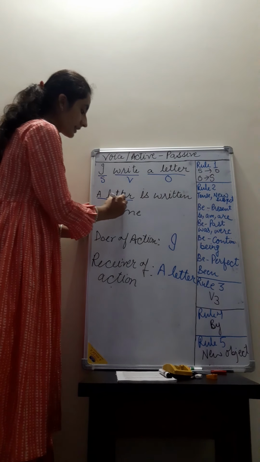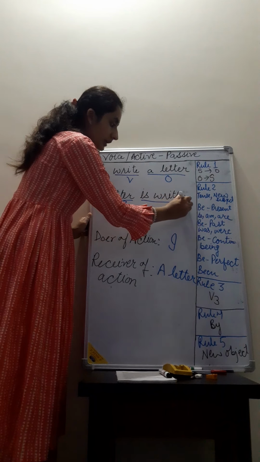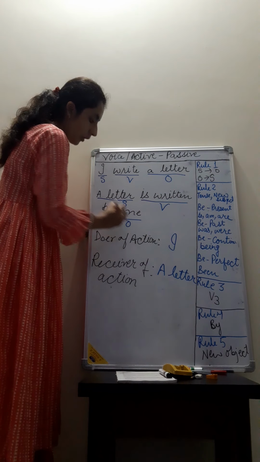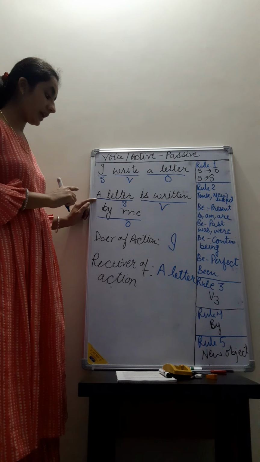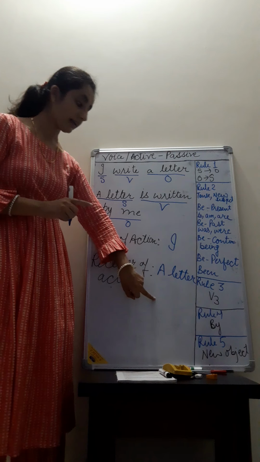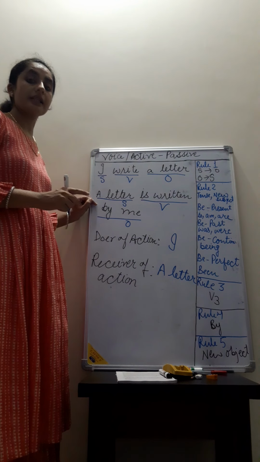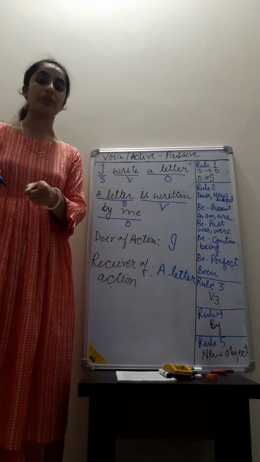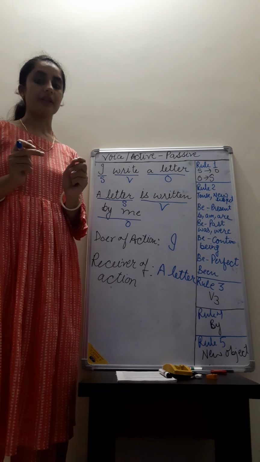In the second sentence, a letter is the subject. Is written is the verb. By me is the object. So here, the receiver of the action, that is a letter, is placed in front of the sentence, is given more importance than the doer of the action, then that sentence is called the passive sentence.